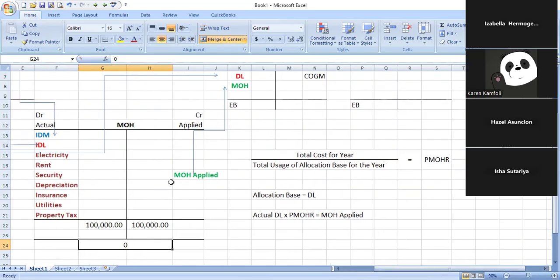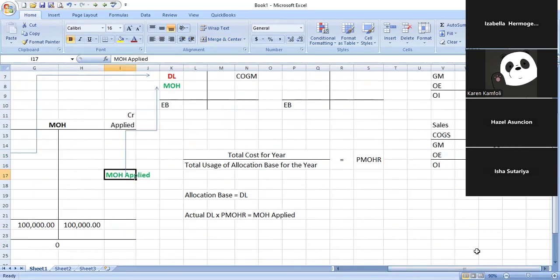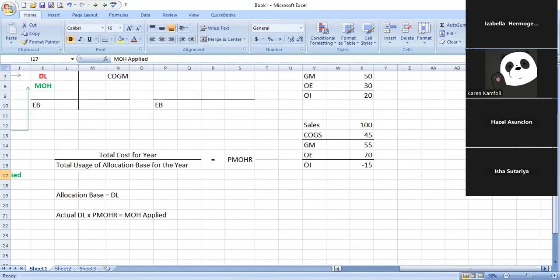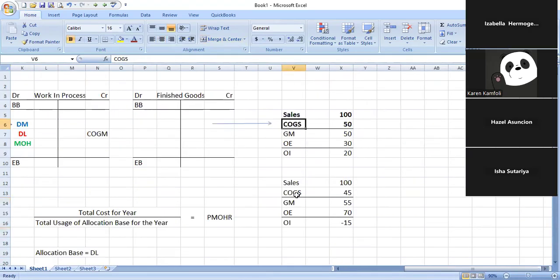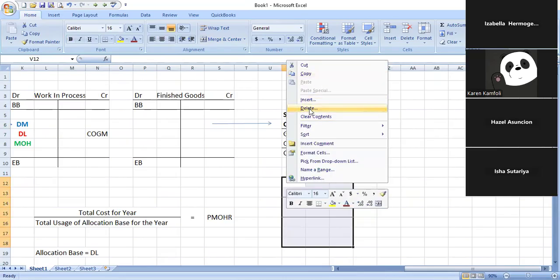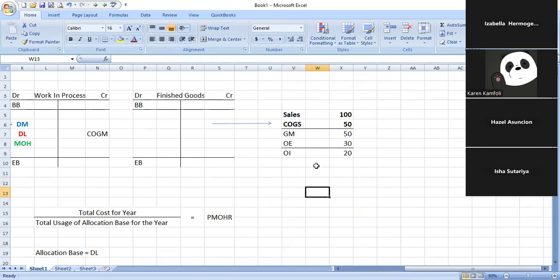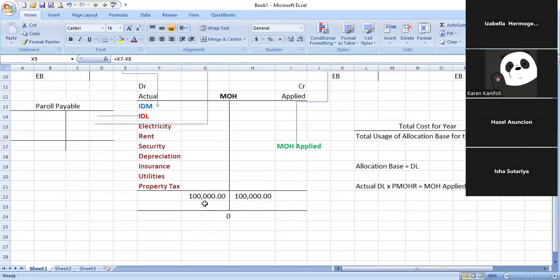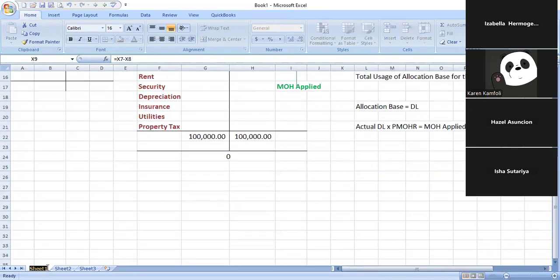That means we applied the exact amount of the actual to our costs. That cost went to the cost of goods sold, and our operating income in this case is correct. That's the first scenario, which again usually never happens.